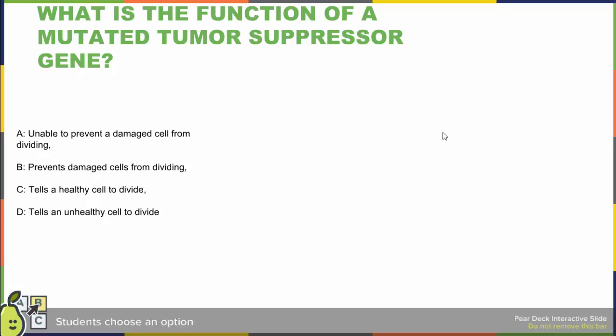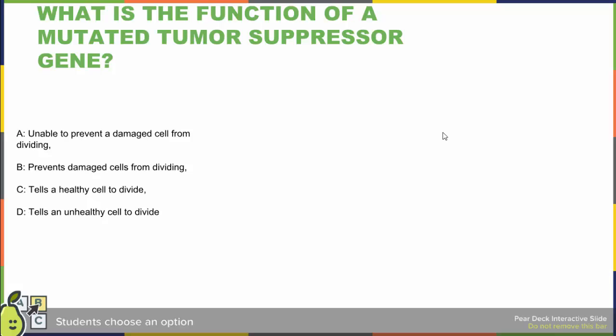That keeps the cell from dividing if there's a problem. Maybe the DNA is damaged, or maybe the cell has physical damage to it. There's some reason where the cell should not divide. And a tumor suppressor is a normal way that the cell can hit the brakes and say, we are not going to go through the cell cycle, we are not going to divide because this cell is unhealthy.